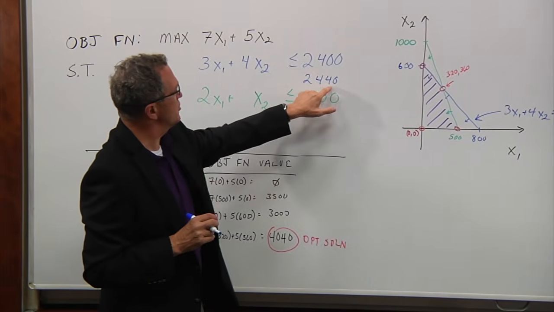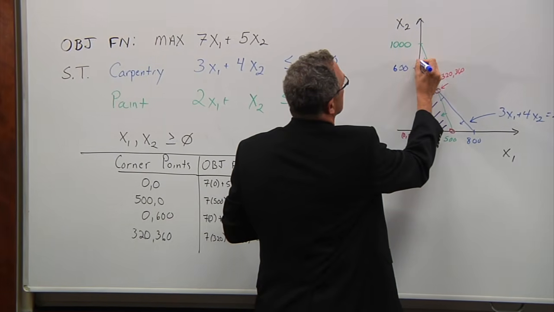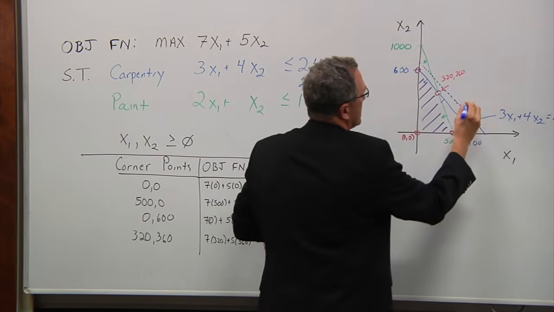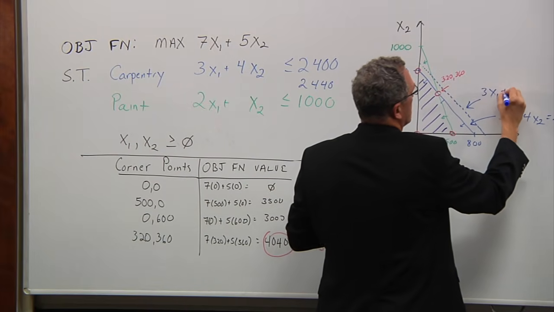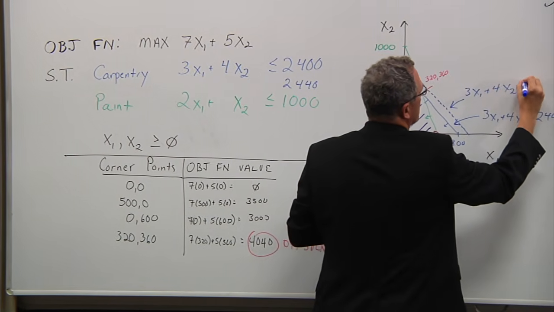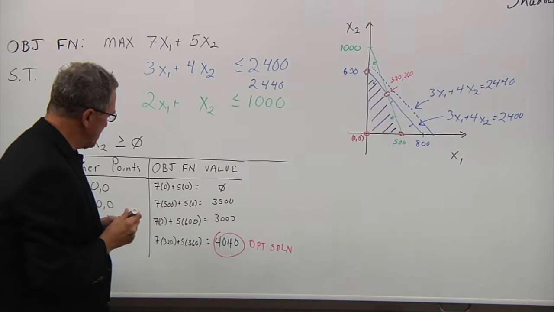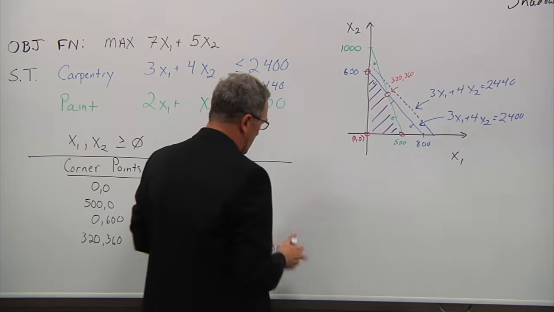If I add one person, so I now have 40 more hours, that means this line would come out here somewhere. And now this line is 3 hours per table plus 4 hours per chair equals 2,440 hours. Well, look what happens when we do that. All right? First off, my feasible region changes.